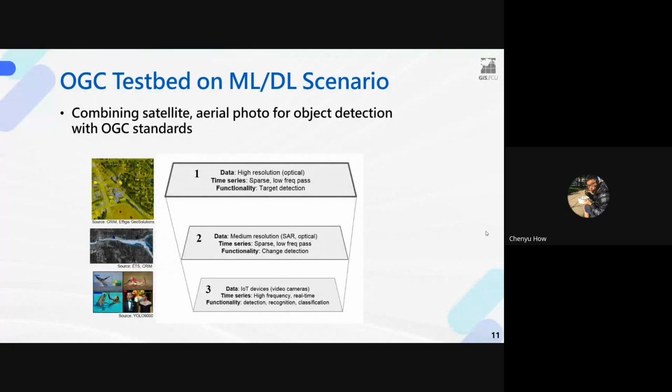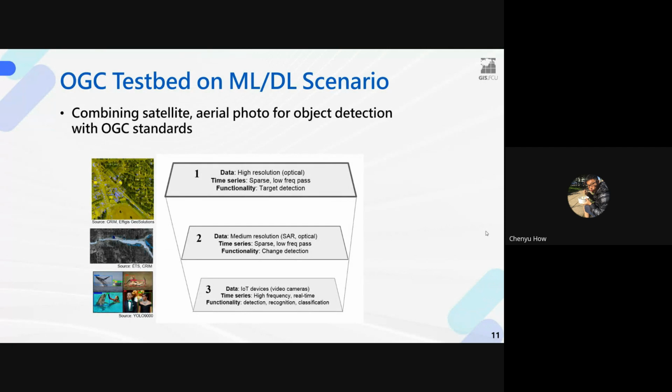So we apply machine learning or deep learning technologies to analyze the data at different scales. You can see there are three different scales. The first is high resolution optical satellite imagery, and the middle is radar or some middle resolution optical imagery, as well as ground level IoT devices.